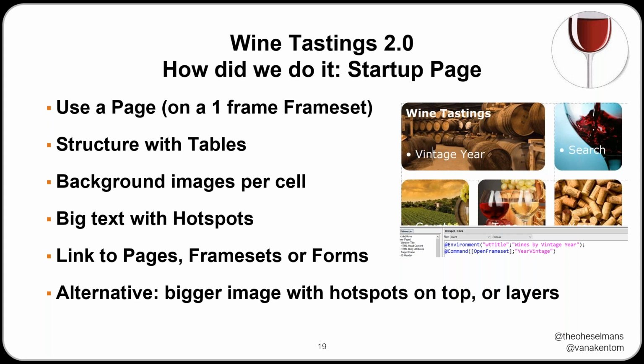Like I said, there are multiple ways to do this. You can use, like I did for the world map, one huge image with some graphical hotspots on top of it. You can also use layers, but I'm not really keen on using layers, so I thought this was the easiest way to do it. I always go for easy.